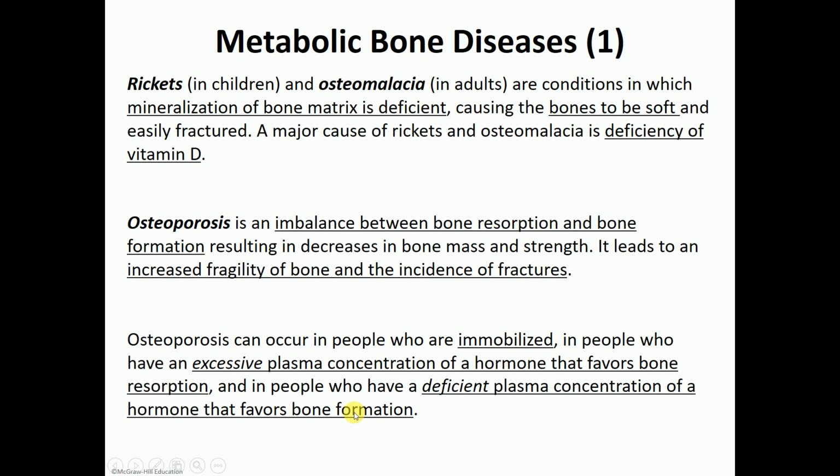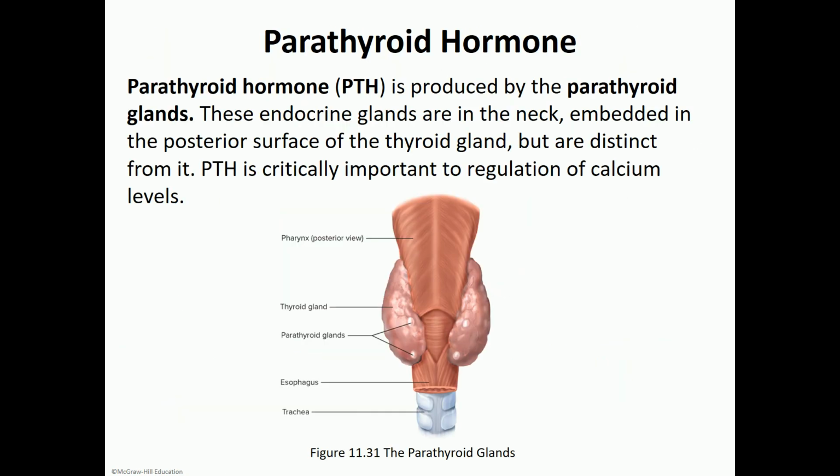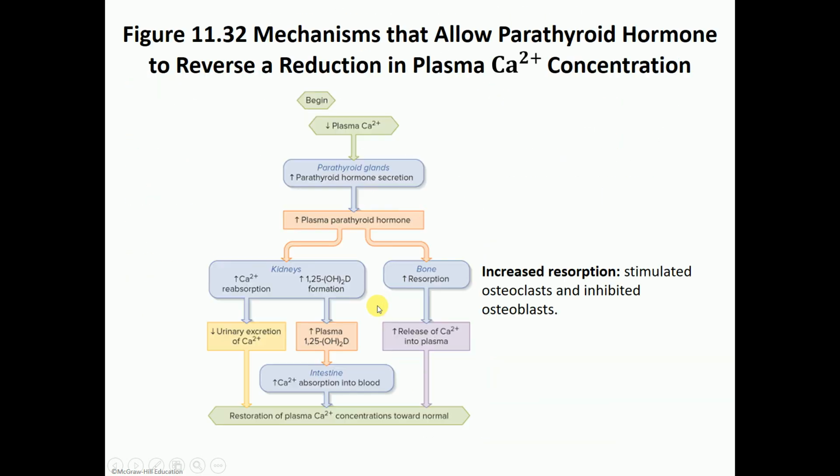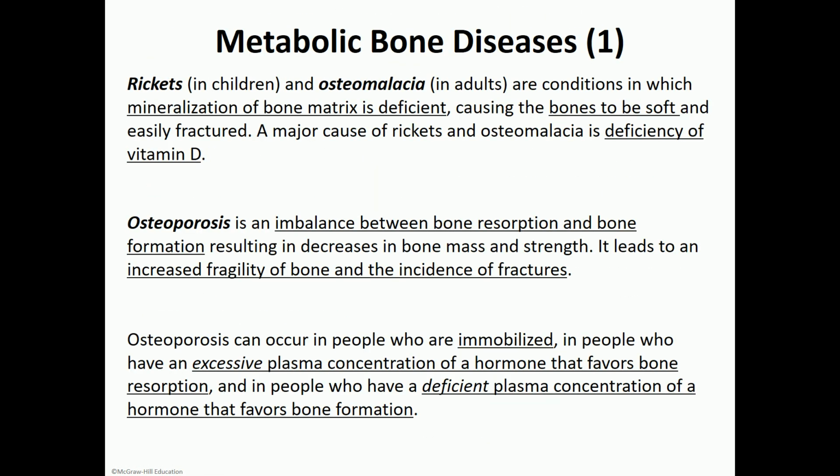So remember the list at the very beginning that we talked about: the hormones that favor bone formation and the hormones that favor bone resorption. Any change in those, if you have excessive plasma concentration of a hormone that favors bone resorption, can lead to osteoporosis, while a deficiency in the plasma concentration of a hormone that favors bone formation can also lead to osteoporosis.